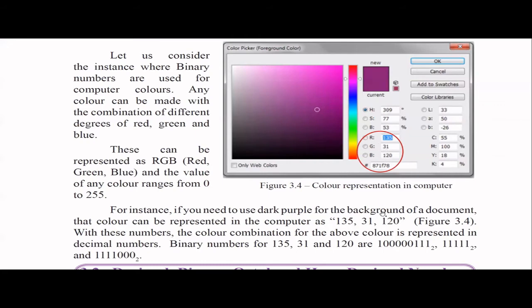These values can be represented in binary as well. That means 135 is represented like this in the binary system. Down below, can you see the value with the hash? That is the hexadecimal value. We'll talk about this, don't worry. This is one of the examples where we see directly how the computer uses numbers in its operations.